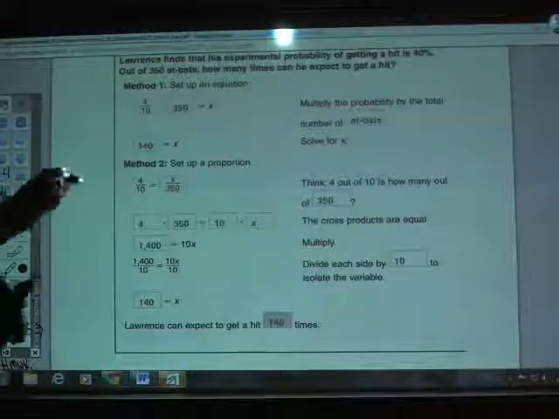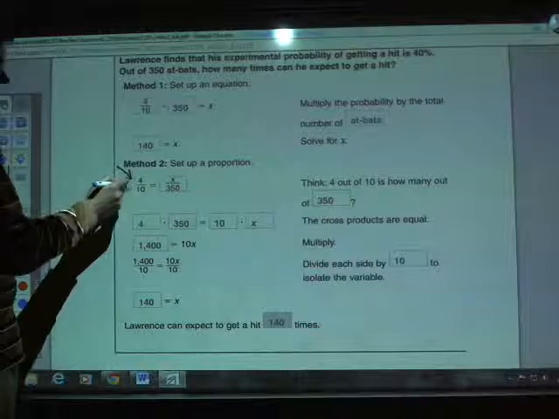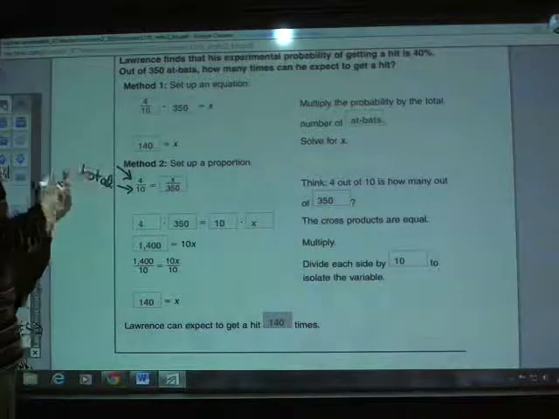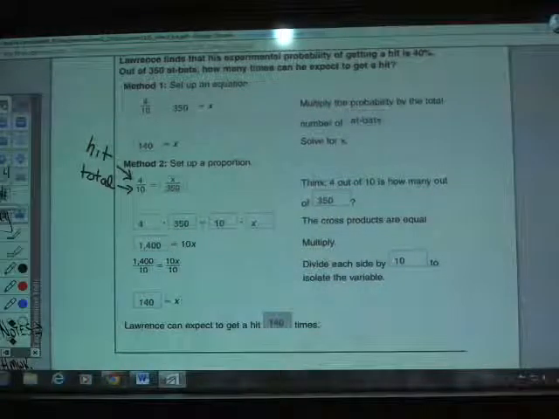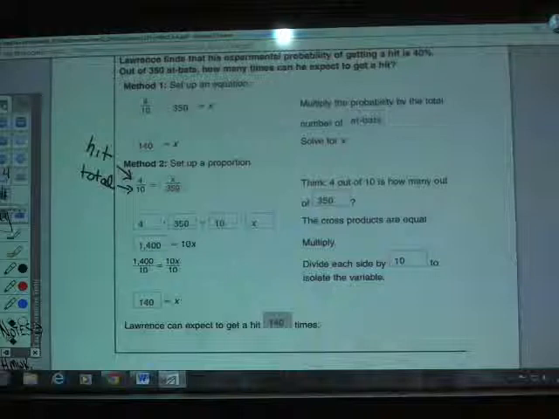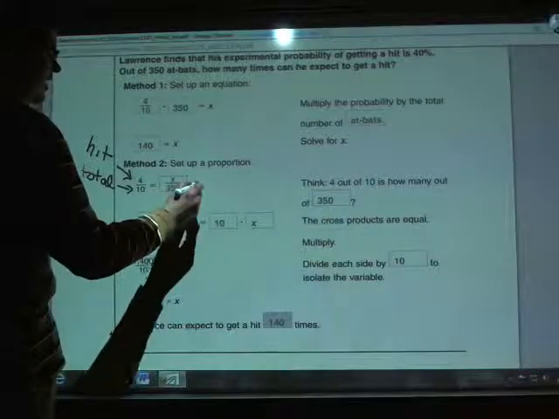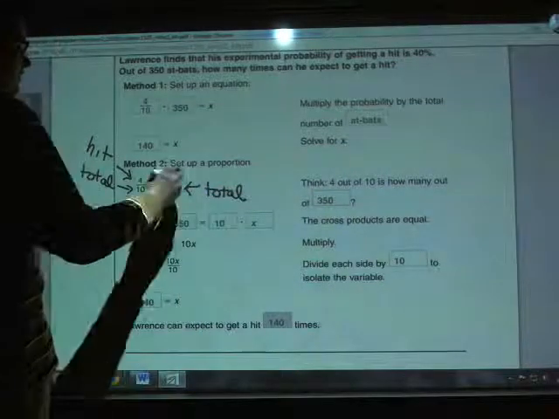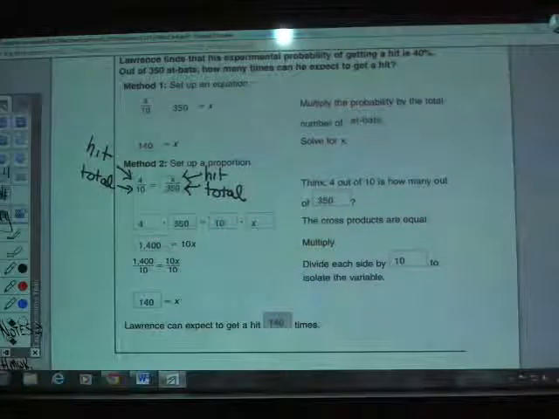Well, if he goes to bat 10 times, 10 total bats, he's going to make a hit 4 times, which is where the fraction 4 out of 10 comes from. What they're saying now is, let's bubble that total all the way up to 350. How many hits would he then get?